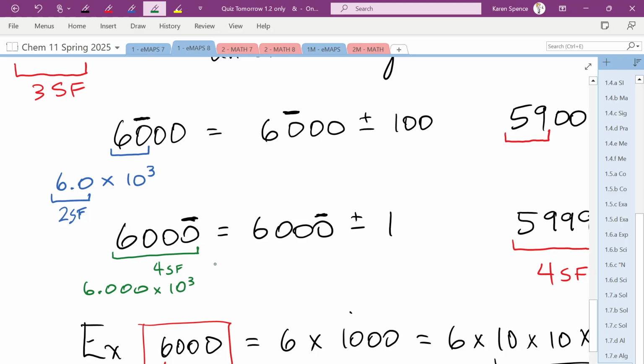We could also write this one as 6,000 with a decimal at the end. That would also make those zeros significant. So all of those have 4 sig figs. Is that good? Okay.